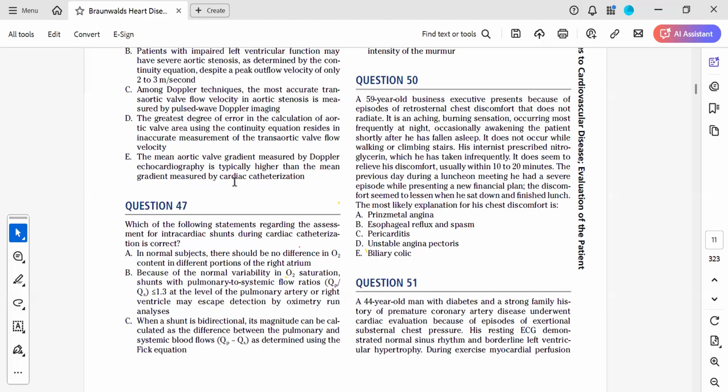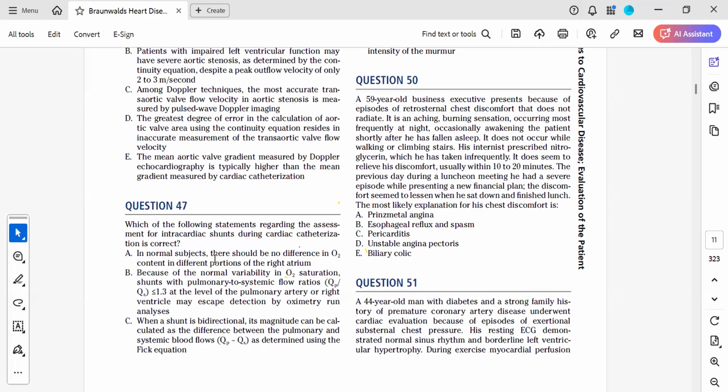Once you start having shunts between 1 and 1.5, you probably have mild shunts. Once you have shunts of more than 1.5, that is an indication that you need to fix it, because the pressure in the pulmonary circulation is going up.